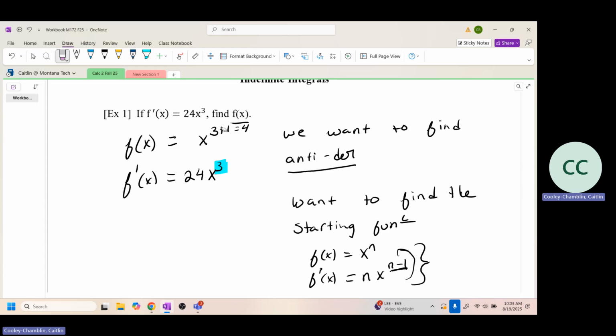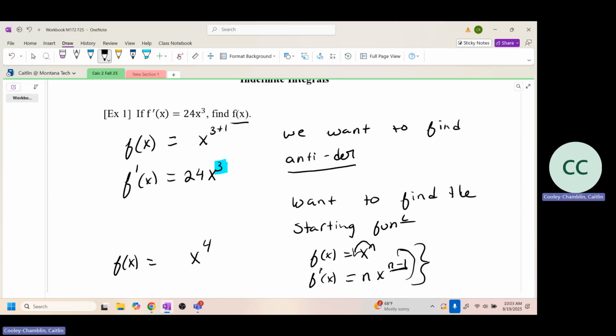And what's nice is I have an eraser. So I can erase here and say, actually, 3 plus 1. I'm going to come down here and write our final answer. X to the 4th. Up here can just be our scratch work. And so we added 1. And here normally we bring this n down and subtract 1.